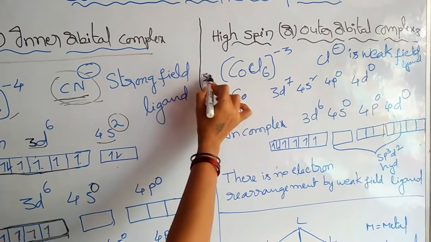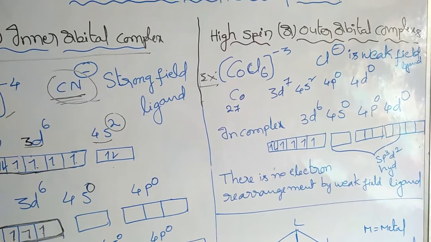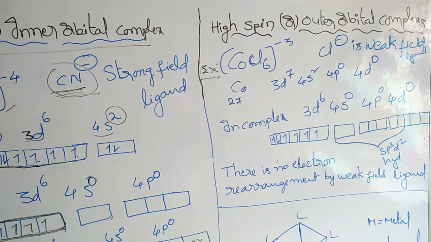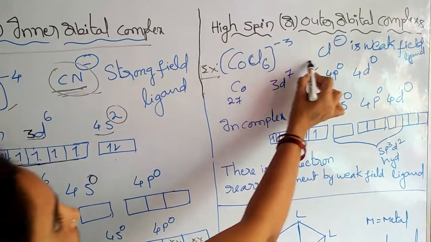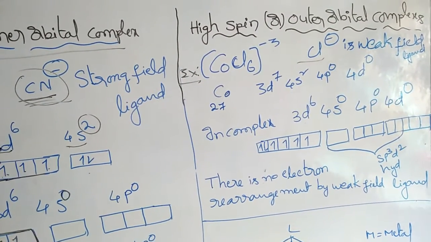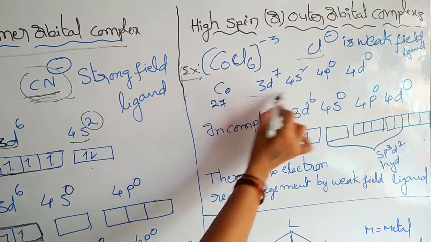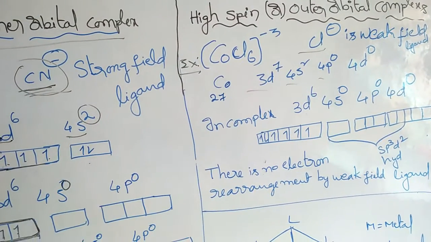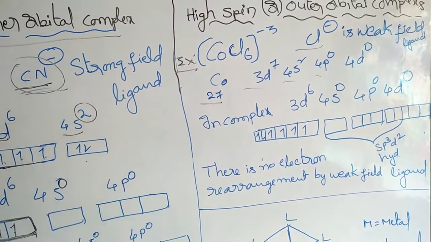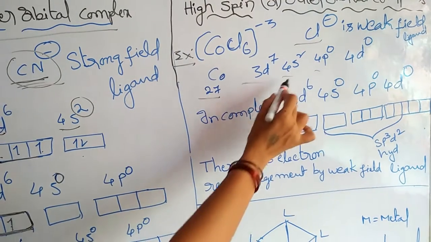For example, hexachlorocobaltate(III). Here chloro is a weak field ligand. The outermost electronic configuration of cobalt, atomic number 27, is 3d7 4s2.